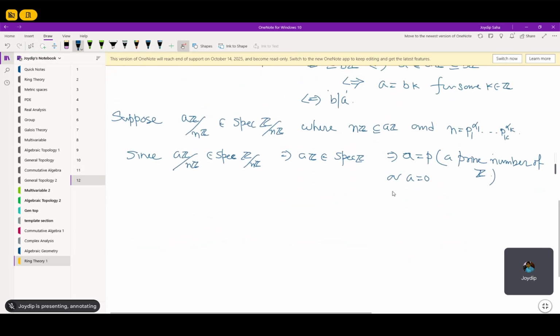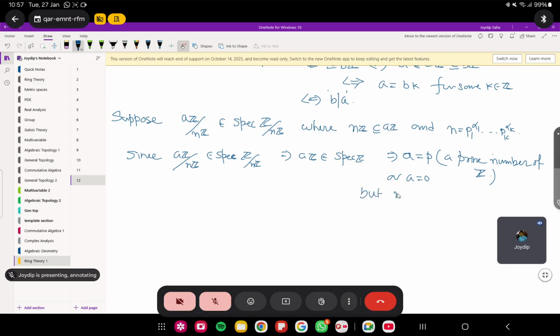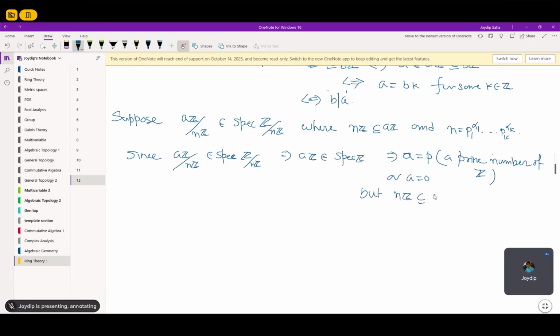But nZ subset of aZ implies a is not equal to 0. So a equals p for some prime p.